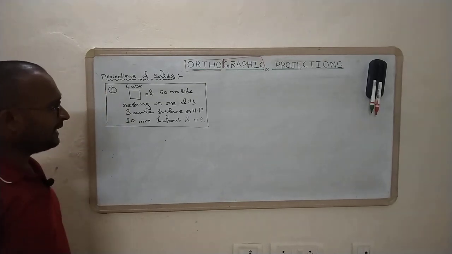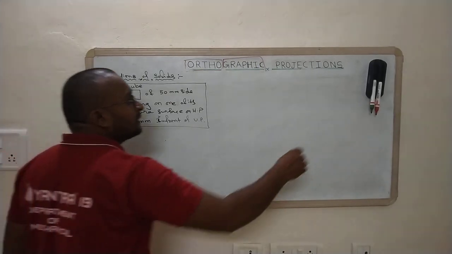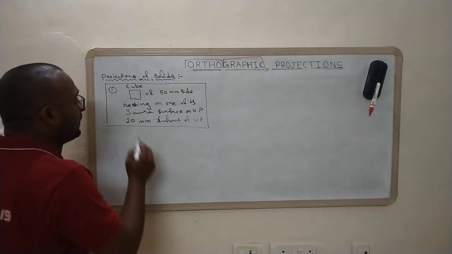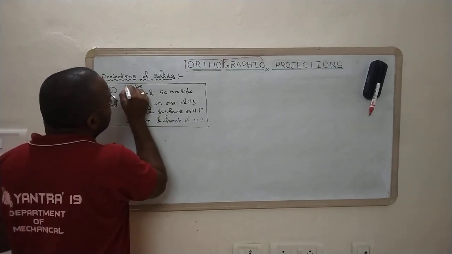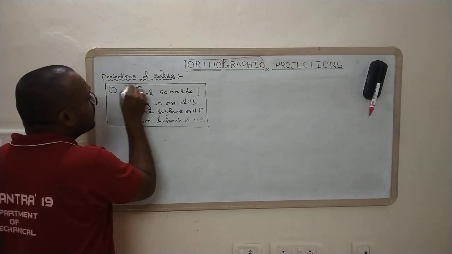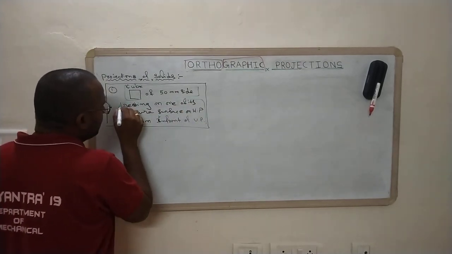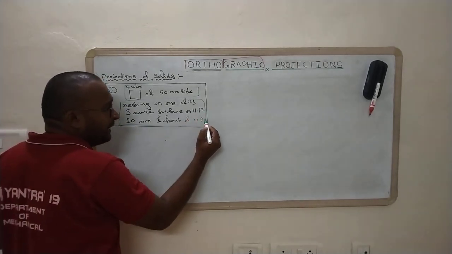As I said earlier, the first condition is the geometric statement of the problem. Here, a cube of 50 mm side is the geometric statement, and then the second statement is the position of the cube with respect to the horizontal plane and vertical plane.